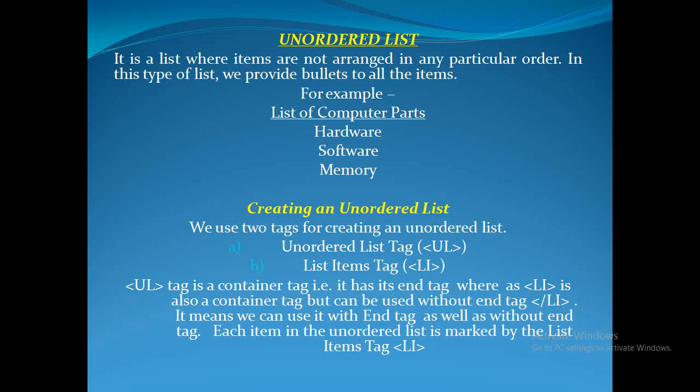For example, if the heading of the program is list of computer parts and we have three different parts: hardware, software and computer memory. If we arrange these list contents with the help of bullets, it becomes an unordered list.